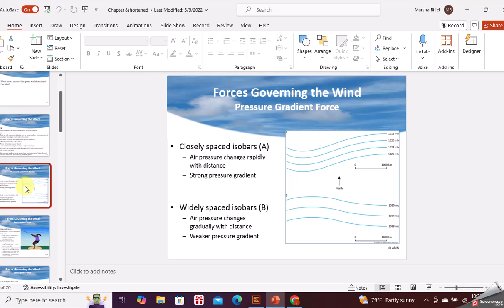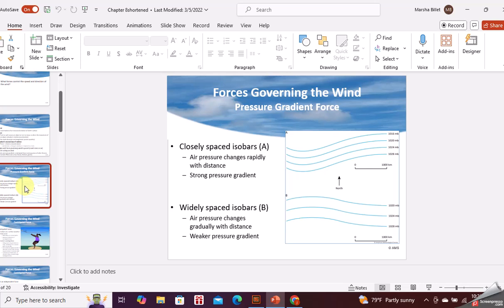So if I had a big pile of heavy marbles in one area, and then next to that I had almost nothing, those marbles are going to want to come down, fill in the bottom gap, and make everything level. So the steeper that slope is, the quicker those marbles might move. Same holds with air.